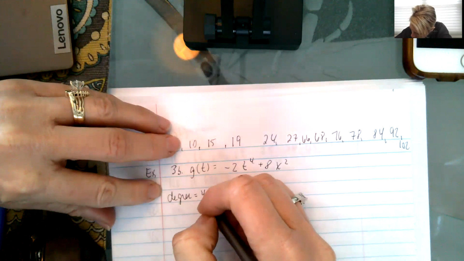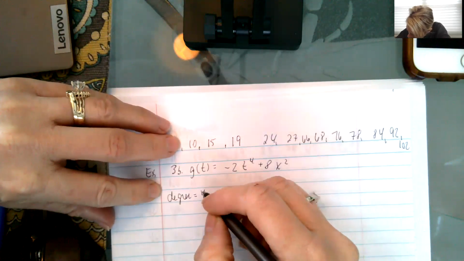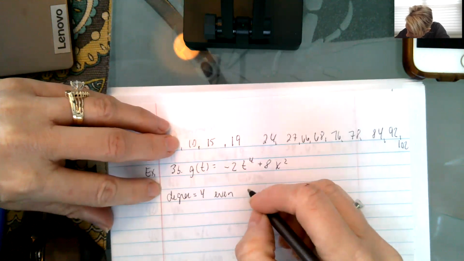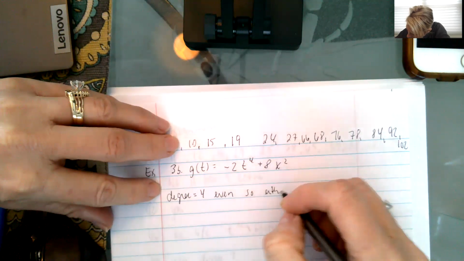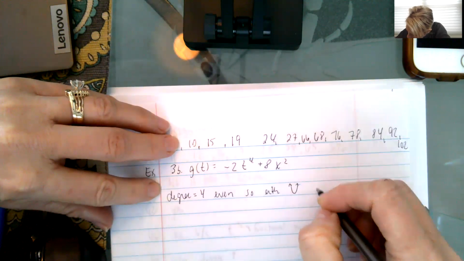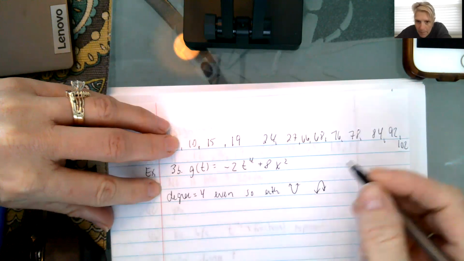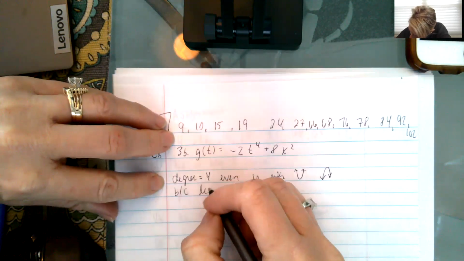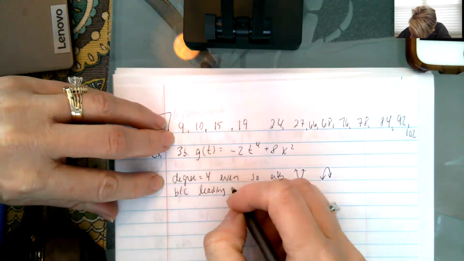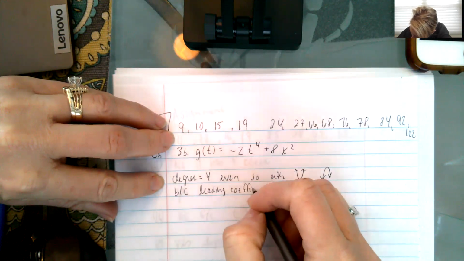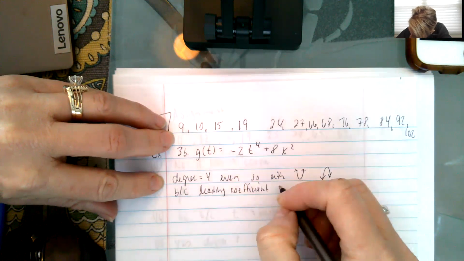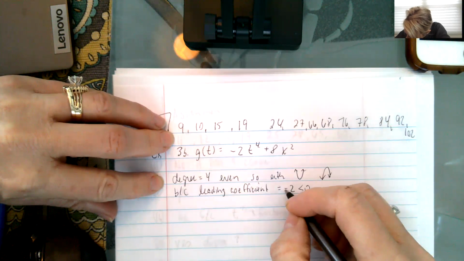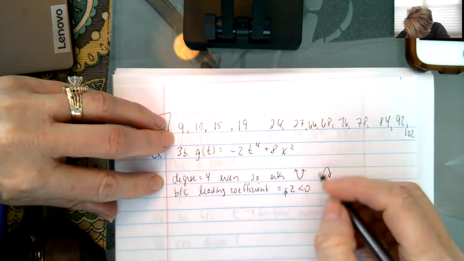Okay, so degree equals 4, even. So it's going to be either both up or both down. And because the leading coefficient is equal to negative 2, which is less than 0 because it's negative right there, it's going to be this one.